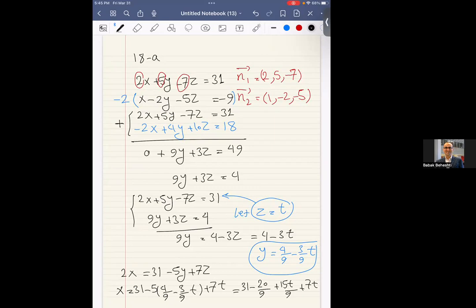It is a constant number, it doesn't matter. So you have x, y, z, all of them in terms of t. And this gives you basically a line.